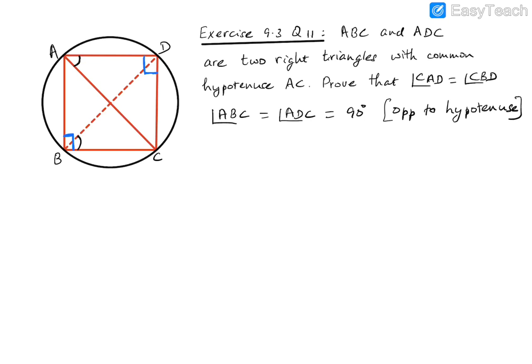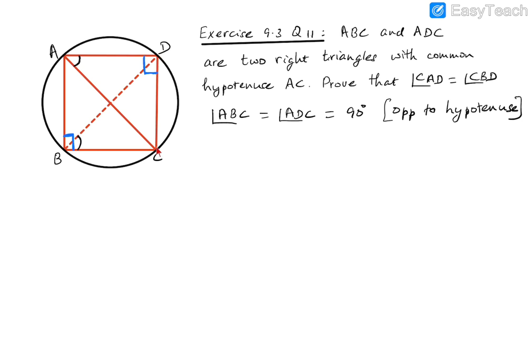Now if these angles are 90 degrees, we can consider the side AC to be the diameter of the circle, because we know that the angle subtended in a semicircle is 90 degrees. So we can now construct a circle with the side AC as the diameter, and then we have the angle subtended by the semicircle as 90 degrees.